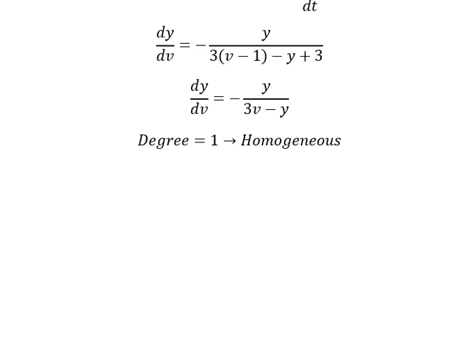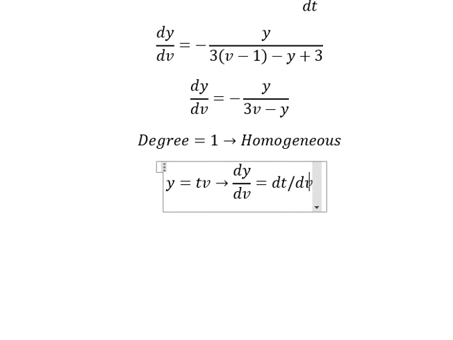Now I will put y equals to tv. Later we do the first derivative for both sides. First derivative of t, we have dt over dv multiplied by v.